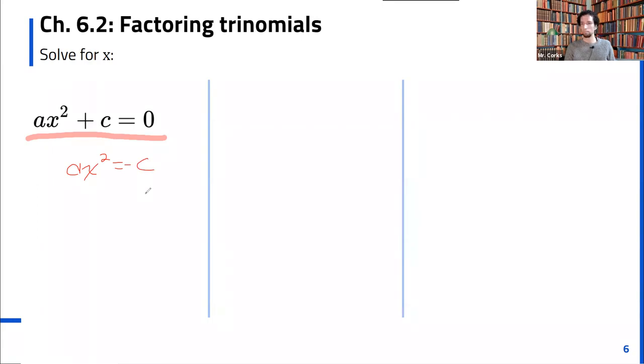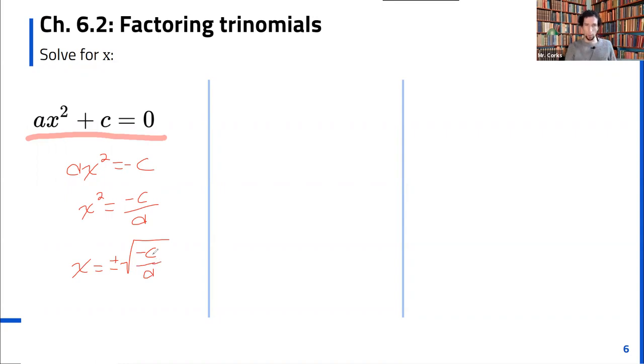We can divide by a. So x squared equals negative c over a. And take square roots. So x is equal to plus or minus the square root of negative c over a.